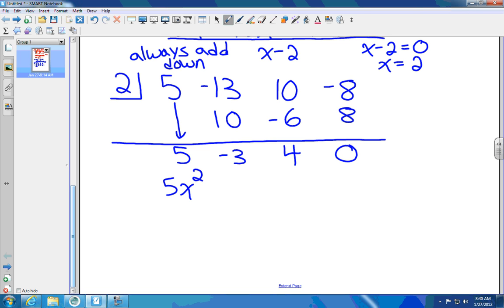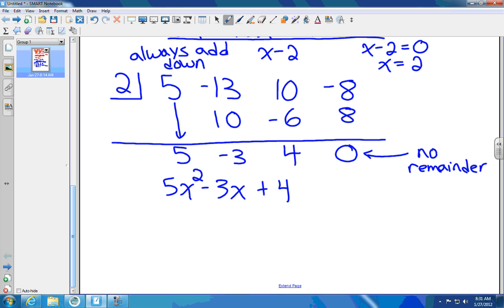What would the next one be? Minus 3x, and then plus 4, and you have no remainder. Anytime you end up with a 0, you have no remainder. We'll do some problems that do have remainders, but this one works out perfectly.